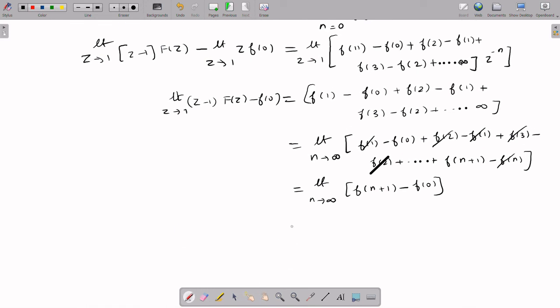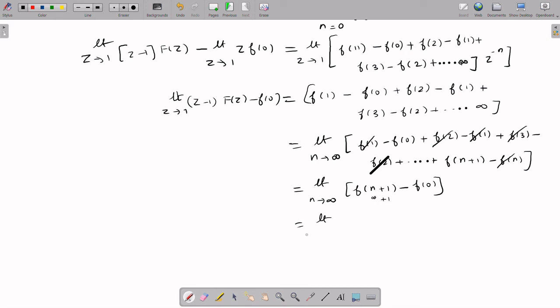So you can write this as the limit with n substituted as infinity here. N plus 1 is also infinity. Infinity plus 1 is also infinity. We are just writing n itself, both are one and the same.